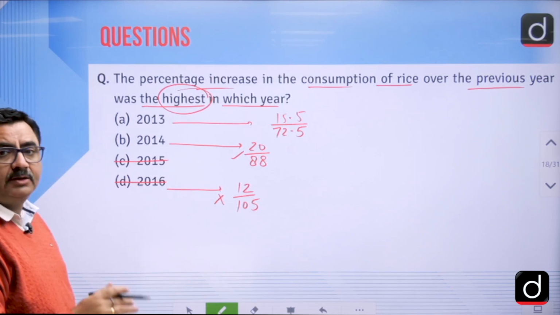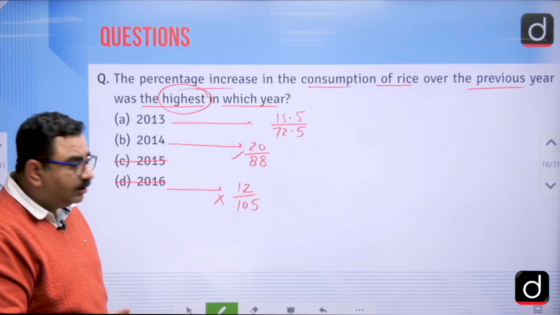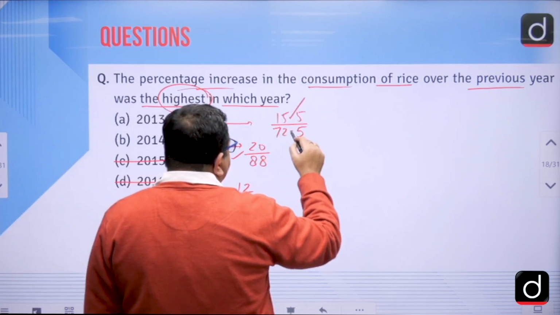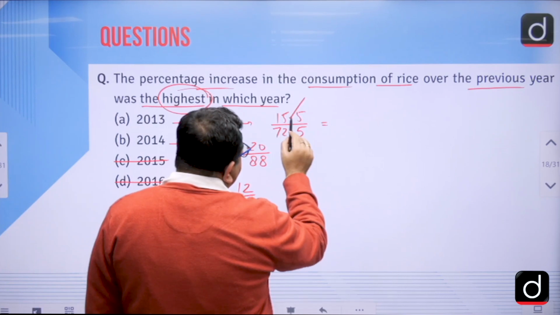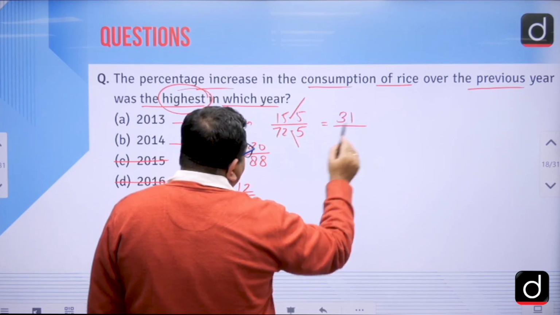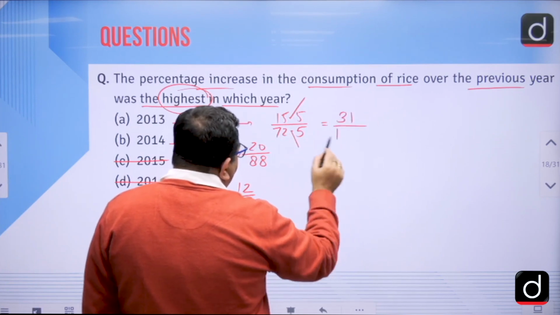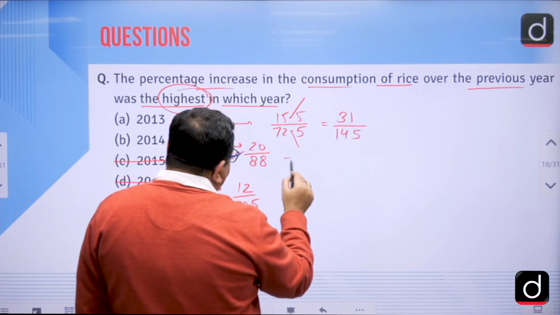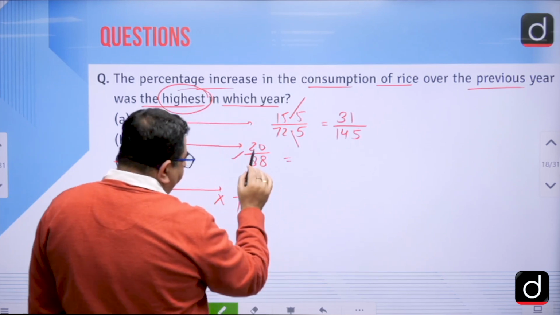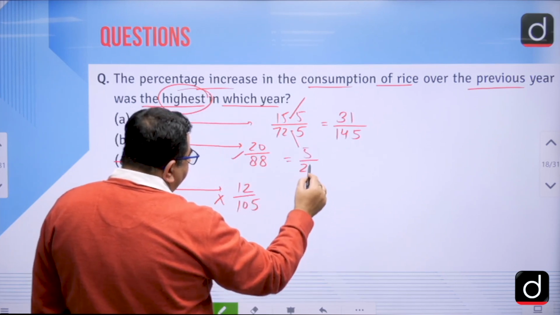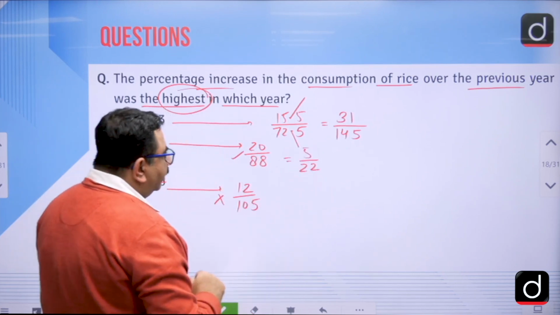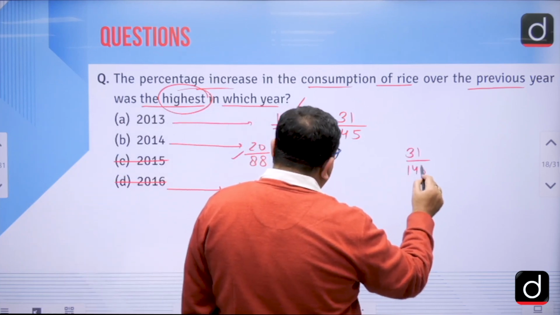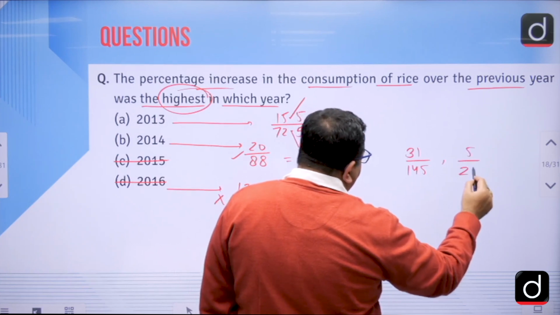Again, we can compare the ratios. Let's simplify this. I cancel it out, and we can cancel with 5 also. This is 31 over 145, and cancelling with 4, this is 5 by 22. So let's compare these two: 31 upon 145 and 5 by 22.